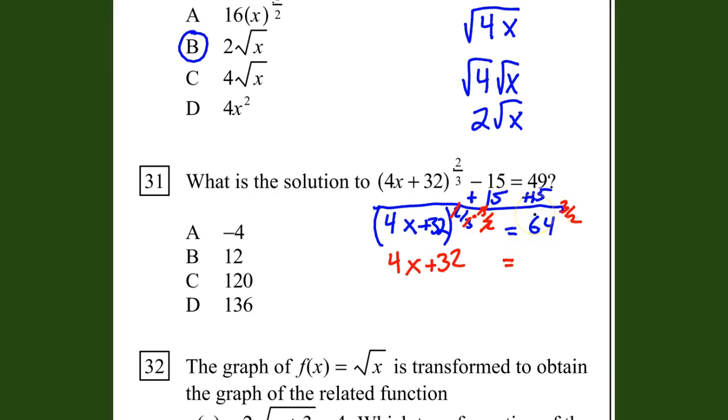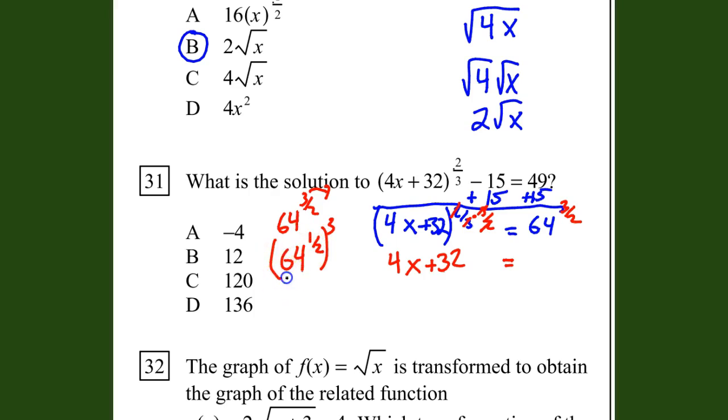Over here, we need to do 64 to the 3 over 2 power. There are a couple of ways of looking at that. Let's just break this rational exponent apart and make it 64 to the 1/2, to the 3rd power. It's kind of like I removed the 3 from the top and just left the 1/2 there, because 1/2 means square root.